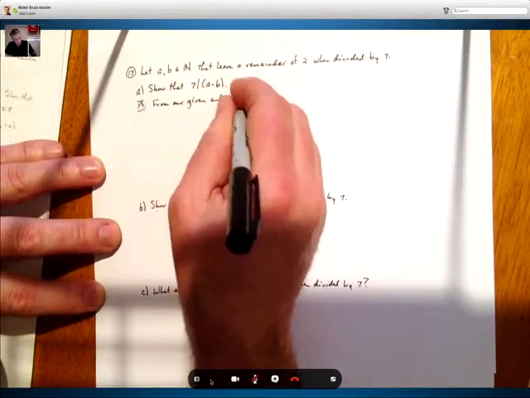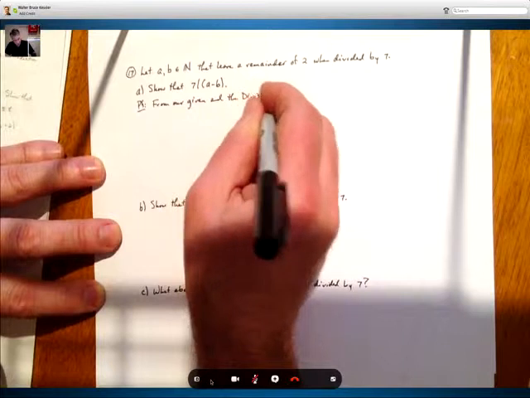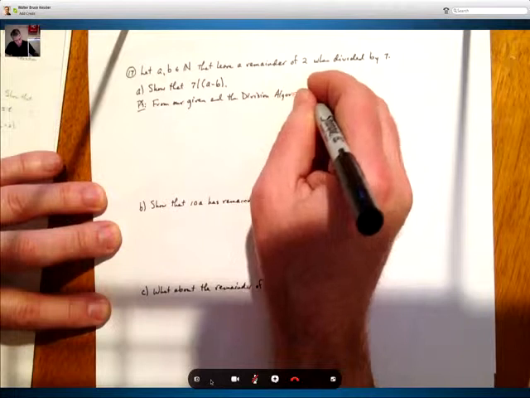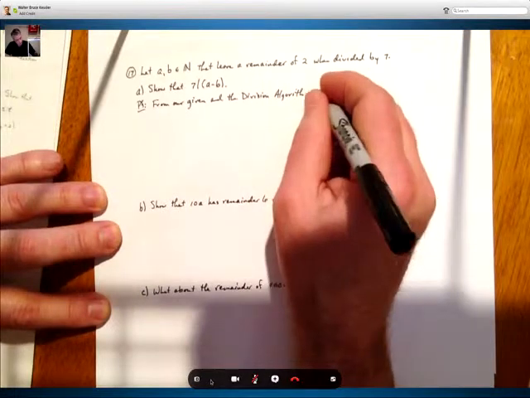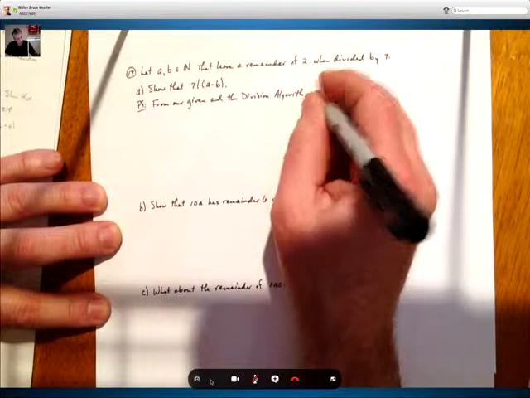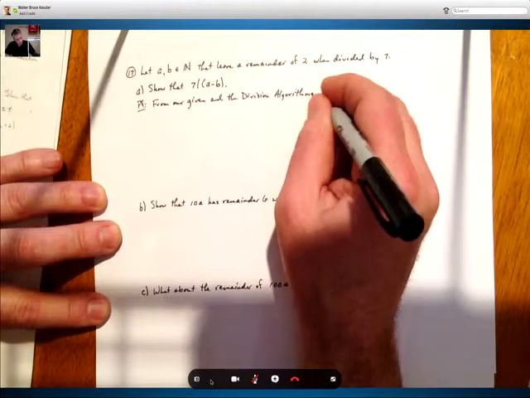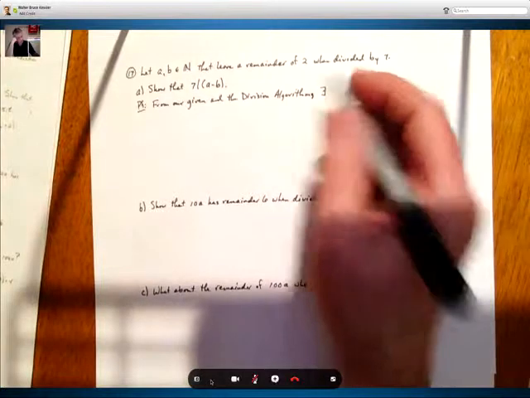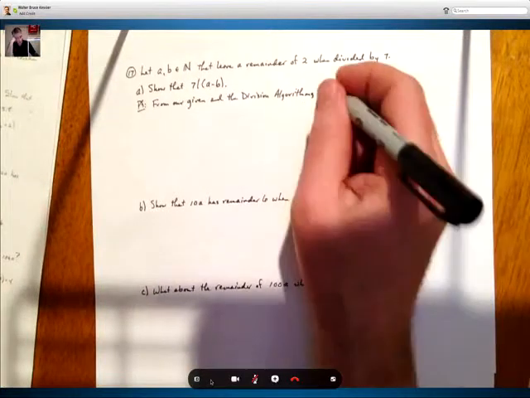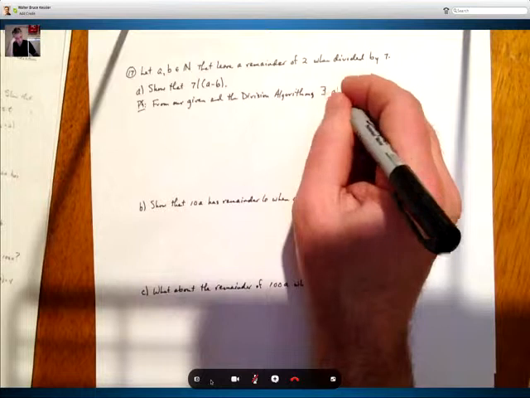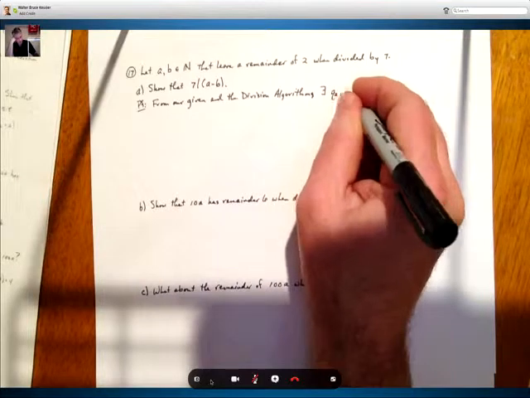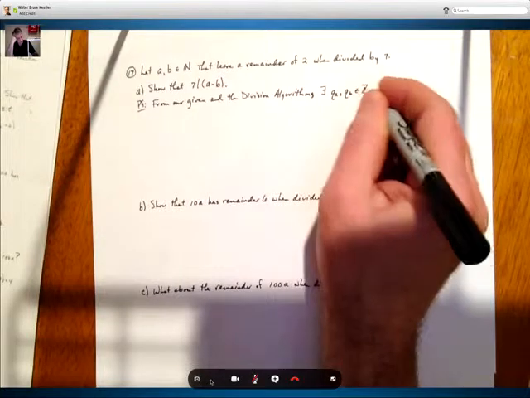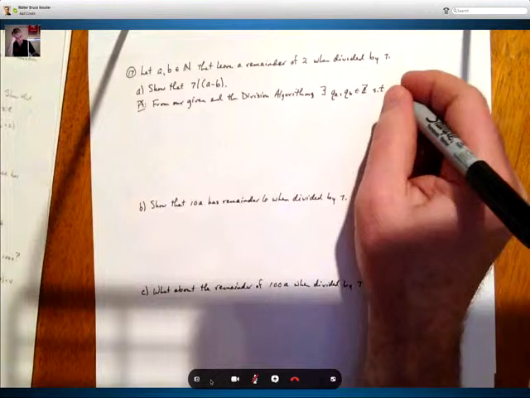From our given and the division algorithm, there exist a couple different quotients. The remainder is given to us. The quotients, we don't know what they are. So maybe I'll call them Q sub A and Q sub B. The quotient that goes with A and the quotient that goes with B.